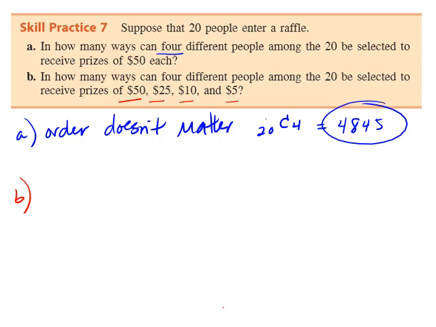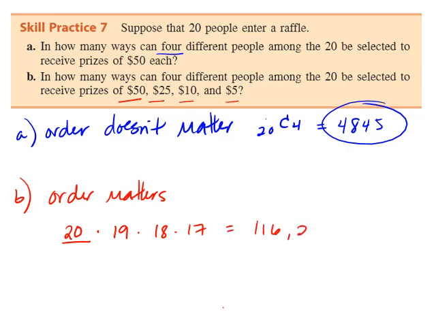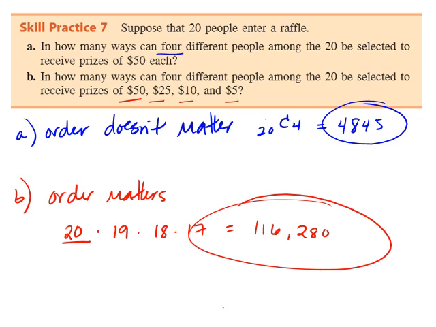Well, these are different amounts, so they are distinguishable, and the order matters. So 20 possibilities for the $50, then 19 choices, 18, and 17. So now that is the result.